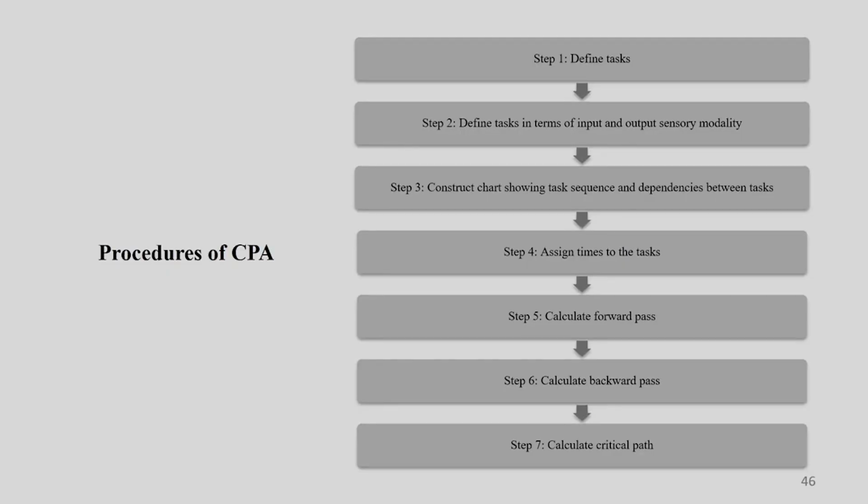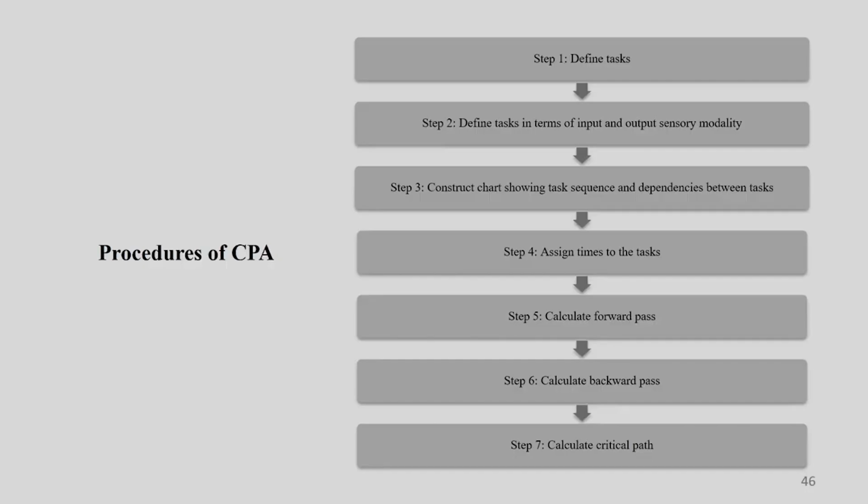Once we have the sequence and establish the dependencies, what will we do? We will assign the time required for each task. Task 1 this much time, task 2 this much time, like that we will be assigning it.